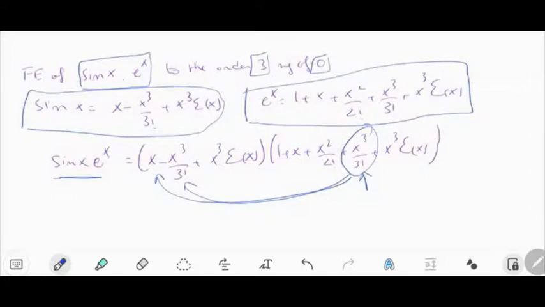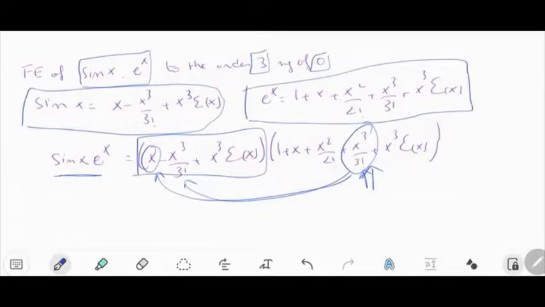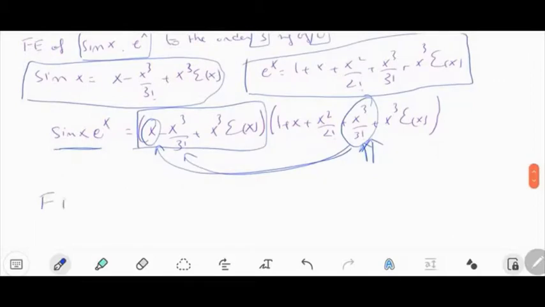Because the expansion of sine x is starting by x. In this case, the x³ of the exponential is not useful. It will not give any term, it will have no contribution to the terms of degree less or equal than 3.